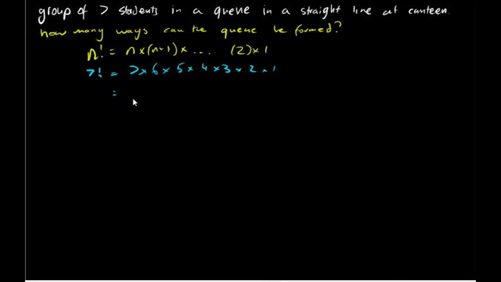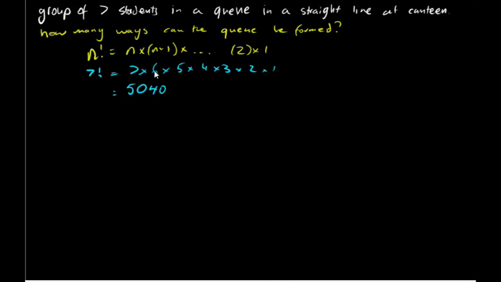And if I work that out, I'll find that it is 5,040. So there are 5,040 different ways in which the students can be arranged. So it's quite a lot, and as I said, we wouldn't be able to practically draw out that every time.